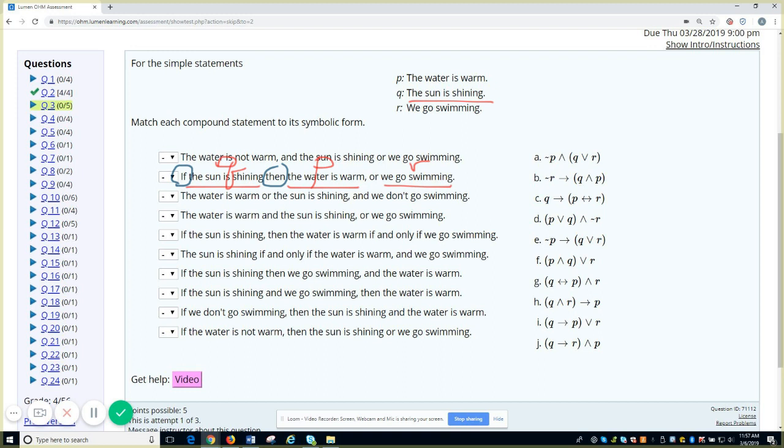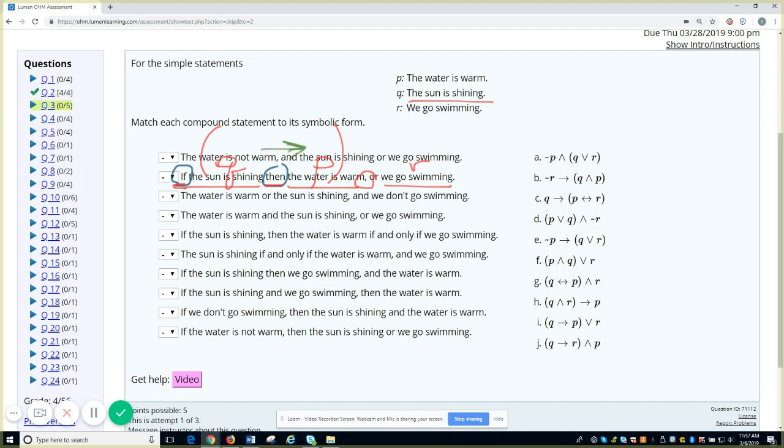Okay. The comma tells me the 2 sentences on the same side are Q and P, so they're going to be in parentheses. Now this if, then keyword tells me that the way that the Q and P are connected is using the conditional.